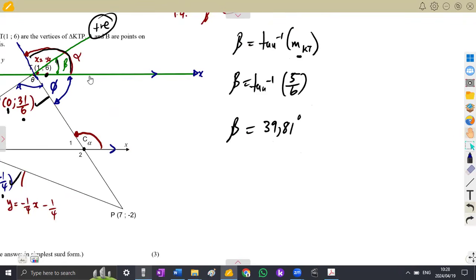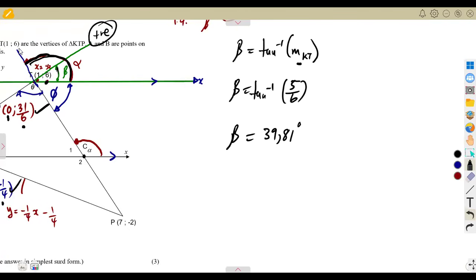Okay, so with the beta, we can also move on to the alpha. Alpha is the angle of inclination. This is our alpha here. Alpha is affected from this line P that we had from that point, which we can consider line PC. This is our same alpha here, the angle of inclination that we have. But as you can see, this line has a negative gradient.